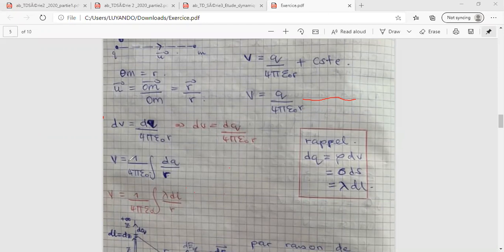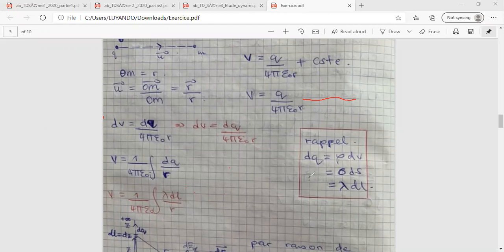So you can have V equal to 1 over 4 pi epsilon 0 integral of dq over R, having this as a constant. This dq can be written as this in densité linéaire, or from volume chargé or surfacique. So dq is equal to rho dv for your volume chargé, or this.